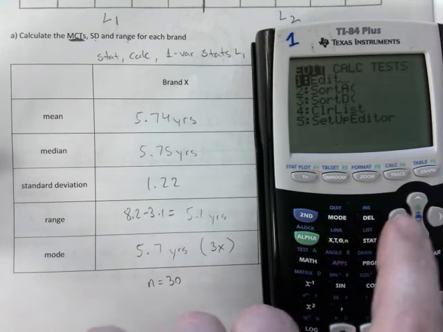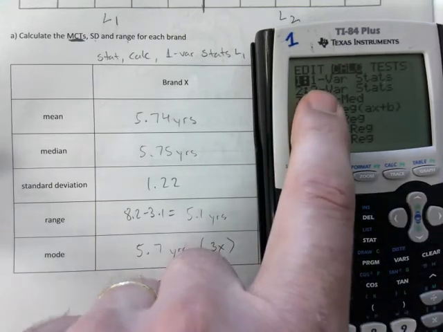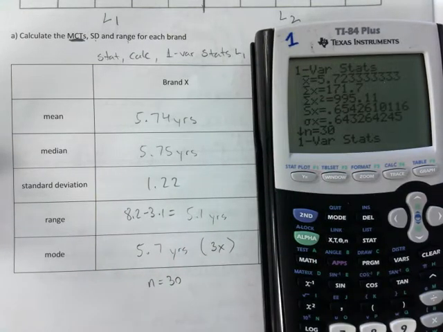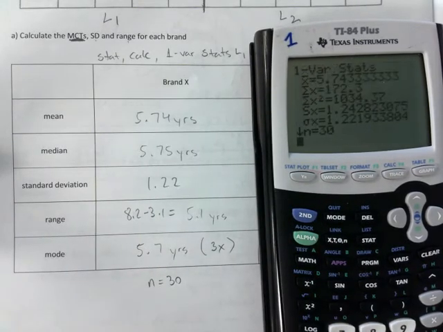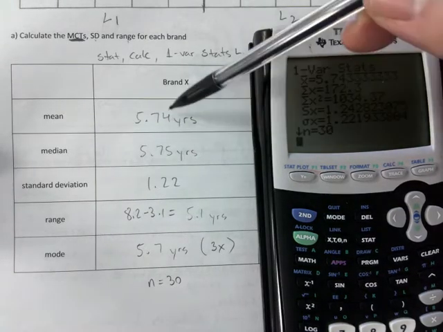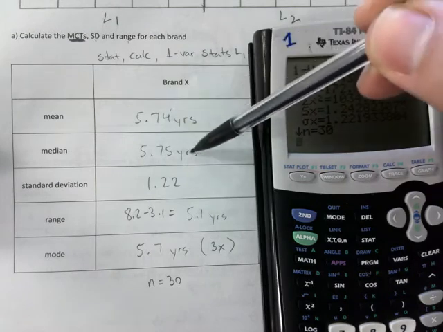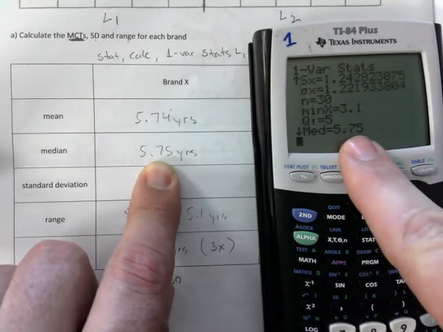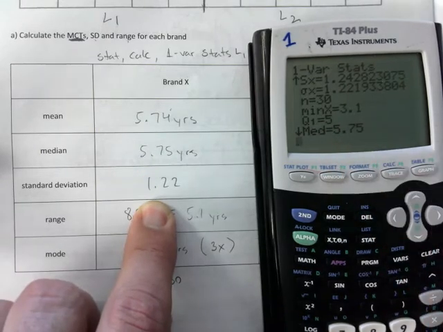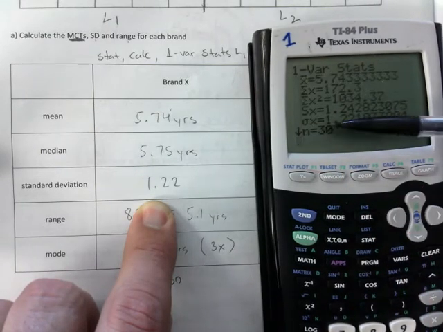So I went stat, calc, one variable statistics, and I feed it all the values that are in L1. And right away, the average lifespan is 5.74 years. The median, which is found by going arrow down, is right there, 5.75. The standard deviation is right here.